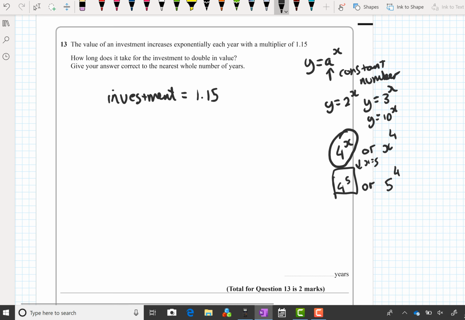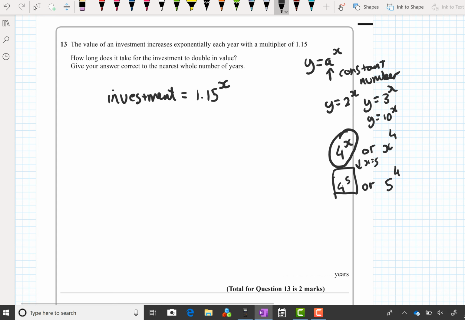So it's increasing exponentially with a multiplier of 1.15. So that's our number, that's our constant if you like, and then each year, so it's increasing exponentially each year with a multiplier 1.15. So how long does it take for the investment to double in value? Well, if we say that this part is the number of years, well, when you first put your investment in, that's no years have gone past.